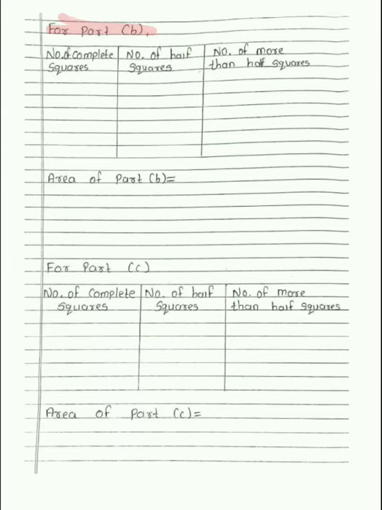Draw columns. And we will start with part B. The first column will be the number of complete squares, then the number of half squares, and then the number of more than half squares. How many complete squares are there in part B? 7. Number of half squares, 0. And number of more than half squares, 6.